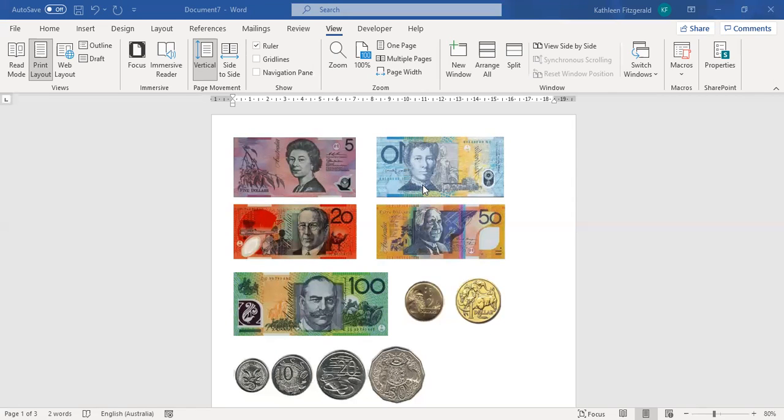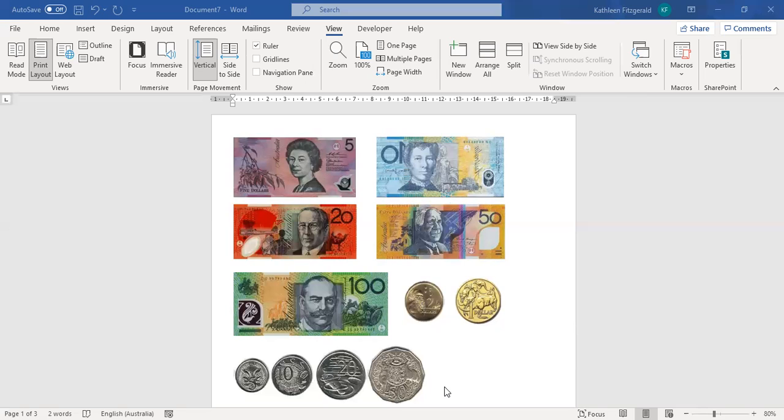Then we break it down into hundredths, which is why they are called cents. When we have 100 cents, we have $1. We used to have a $1 note and a $2 note, but they've been replaced by coins. So now we've got the $1 coin and the $2 coin.